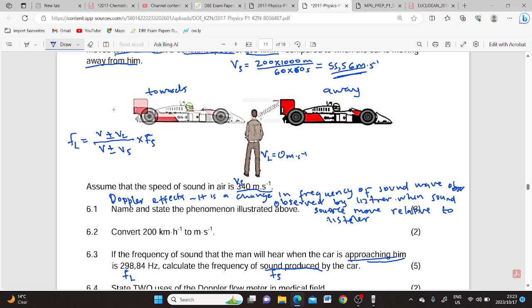Right, that is our formula. Now let's put in the substitution.